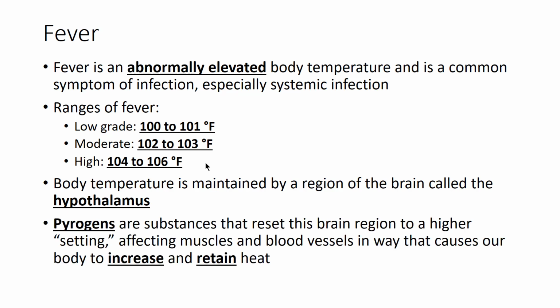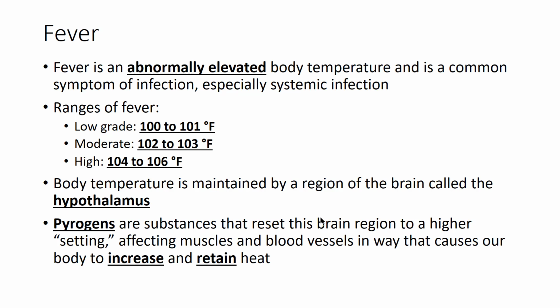The hypothalamus, in this very complex mechanism, sets body temperature by controlling muscle movement and the diameter of blood vessels. So ultimately, you can change the body temperature by readjusting the musculature and the blood vessels.